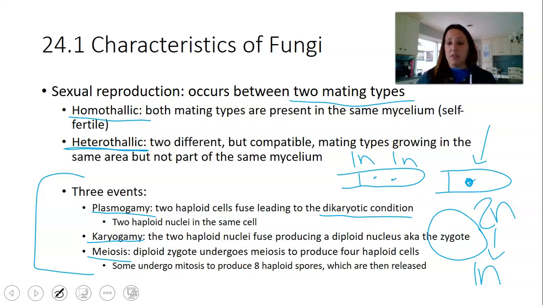Those cells develop into spores, or in some species, and the one that we're going to study in lab is true for this, those 4 cells undergo a round of mitosis, creating now 8 haploid spores. And then those spores will be released. So for sexual reproduction, we've got plasmogamy, followed by karyogamy, followed by meiosis, and then sometimes followed by mitosis.